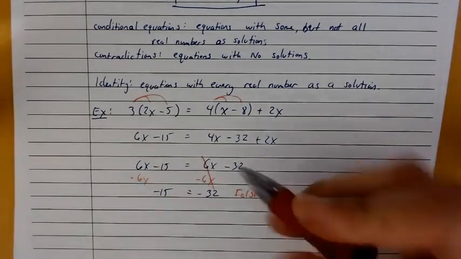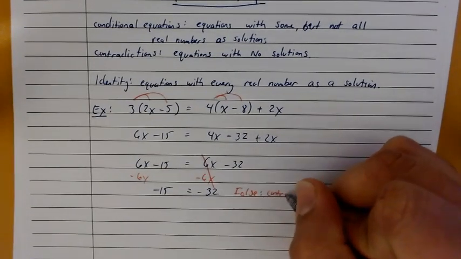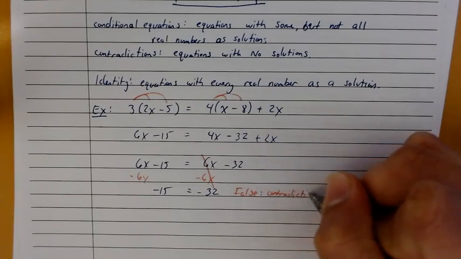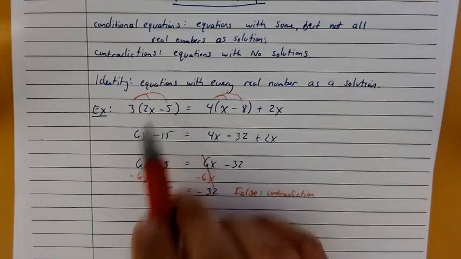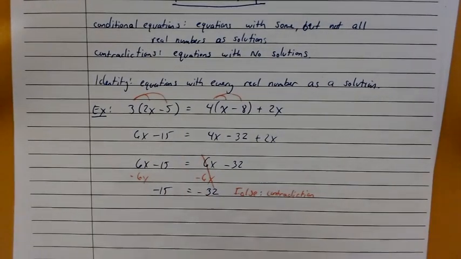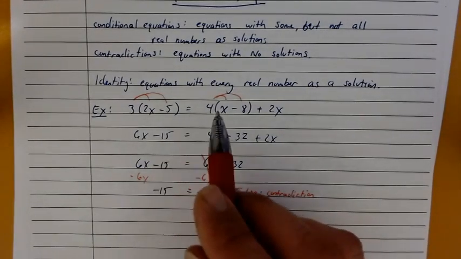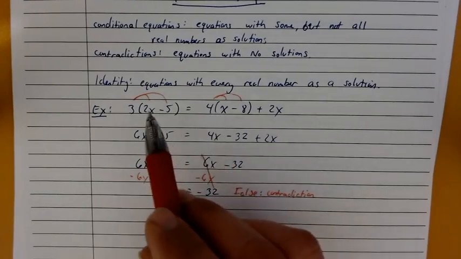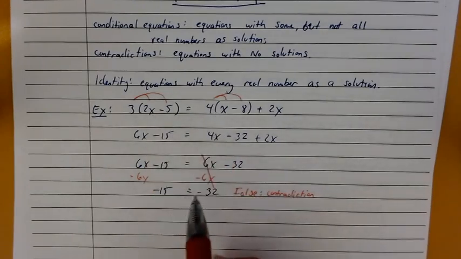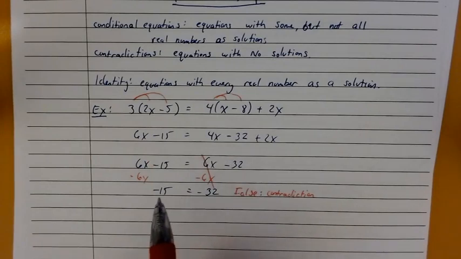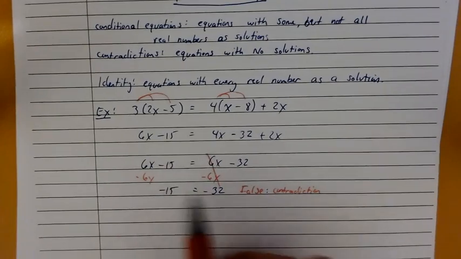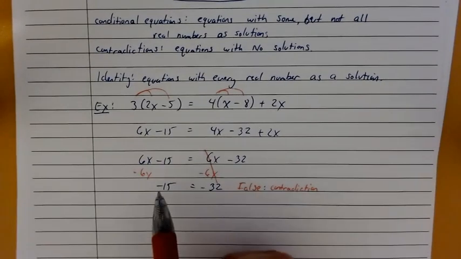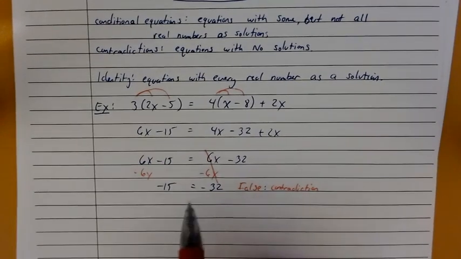That's a contradiction. Because what you're saying is, I want to find what number or numbers I could plug in to my equation so that I would get a true statement. Well, notice it doesn't matter what I plug in. It doesn't matter if I say x is 1 or x is 5 or x is negative 6 or anything else, because there is no x. And the equation is already false.